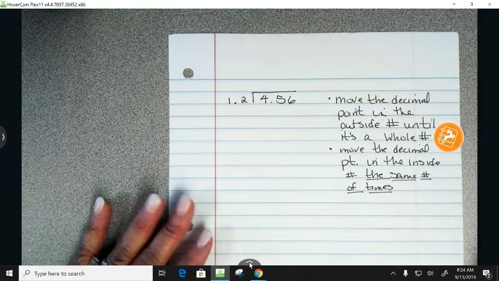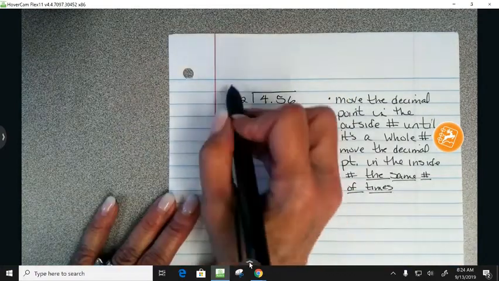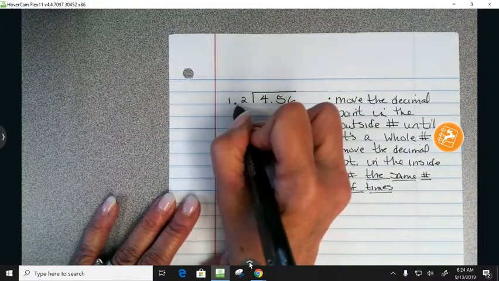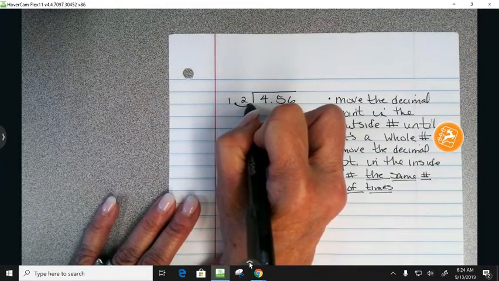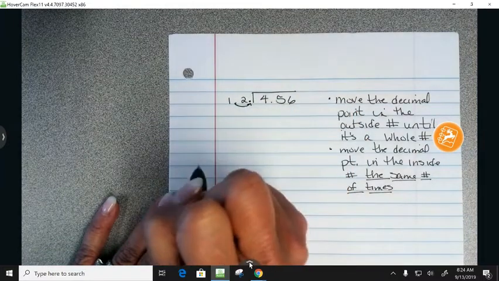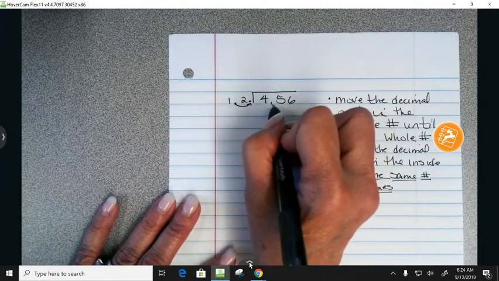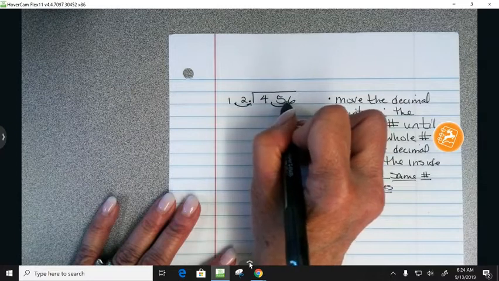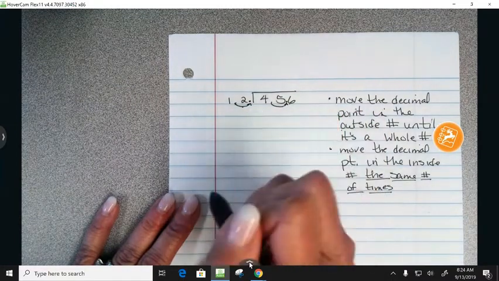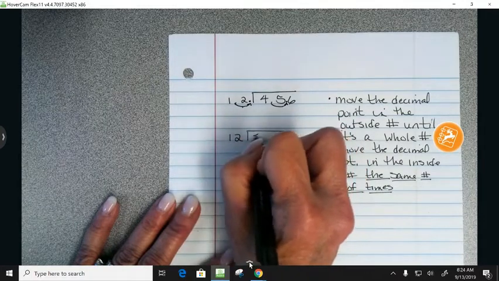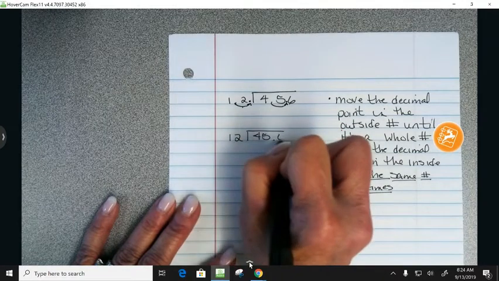They're just in a different place value. So going up here to 1 2/10, the decimal point's right here, we need to move it to the right until this is a whole number. And now we're going to go back and move this decimal point to the right one time because that's what we did here. My new problem now looks like 12 divided into 45 6/10.